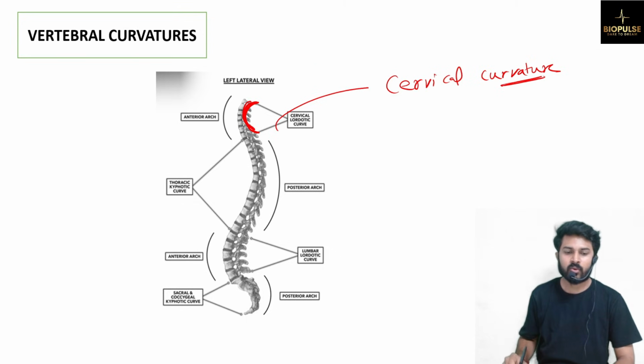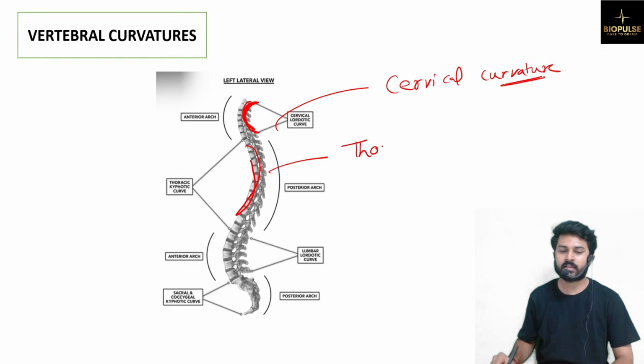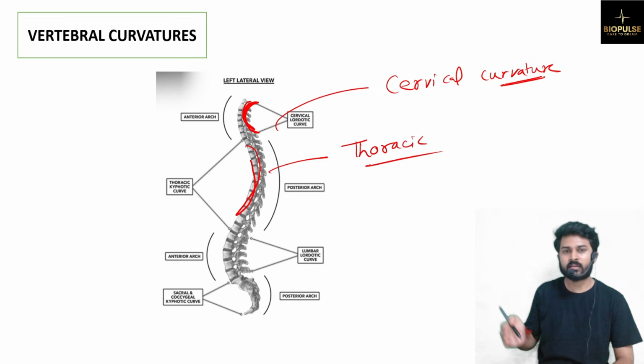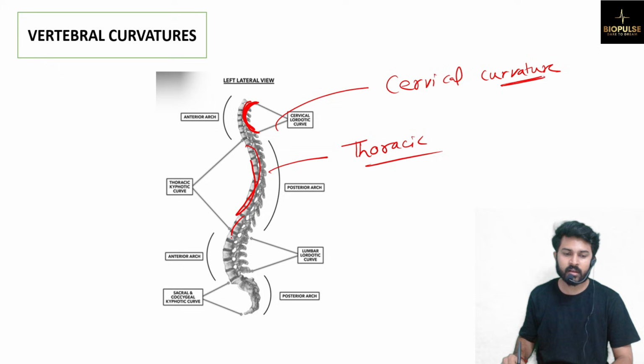To the anterior side it is curved. Now the second one is the thoracic curvature. It is curved towards the posterior end. The third one is the lumbar curvature. It is curved again towards the anterior surface.